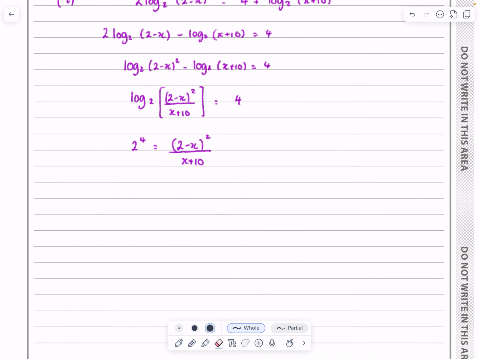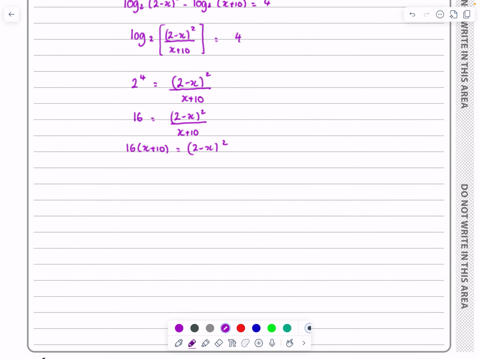And now I've got a little bit of work to do, but this is just going to be a quadratic equation here. Let's just tidy it up. You might want to do this quicker than me. I'm going to do it relatively slowly. 16 is (2 minus x) all squared over x plus 10, which gives me then 16(x plus 10) is equal to (2 minus x) all squared.